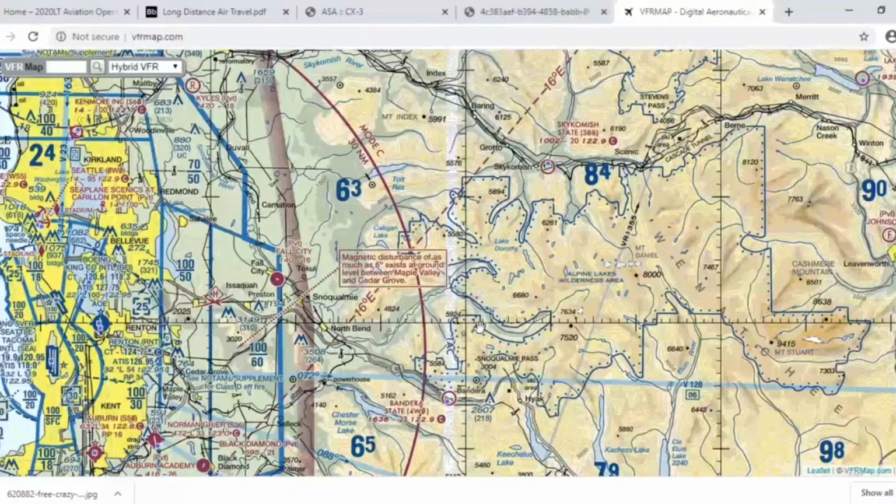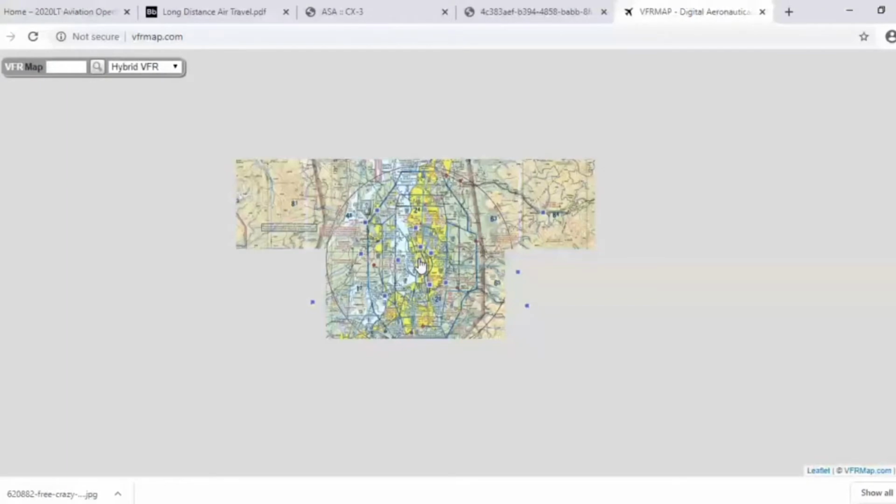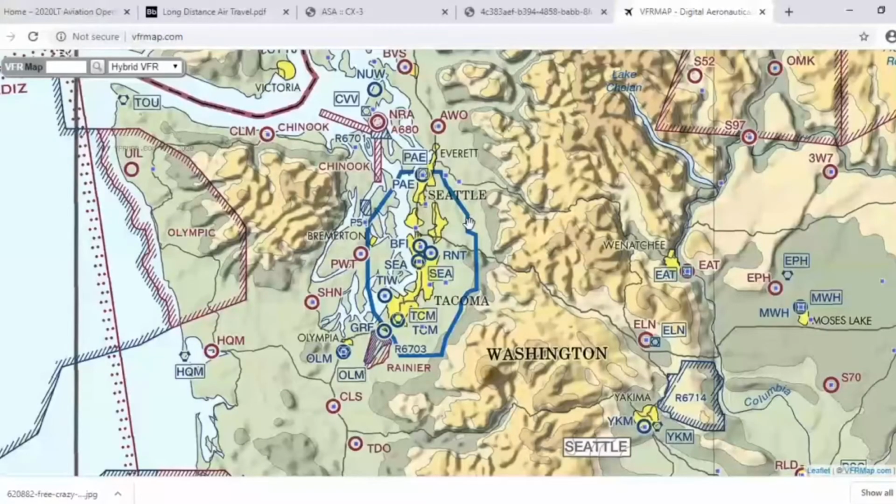So it's twice as much detail. There are still a few places that use what we call world aeronautical charts, and you can see here those are much less detailed than a sectional. They are 1 to 1,000,000, so it's got half as much detail as a sectional chart, because 1 inch equals 1,000,000 inches on this chart, and so there's not as much to see on those.